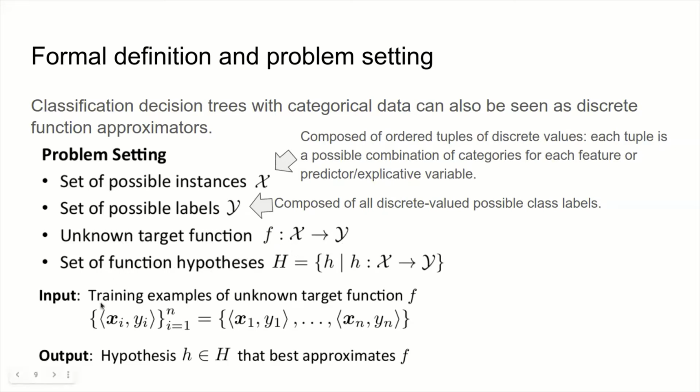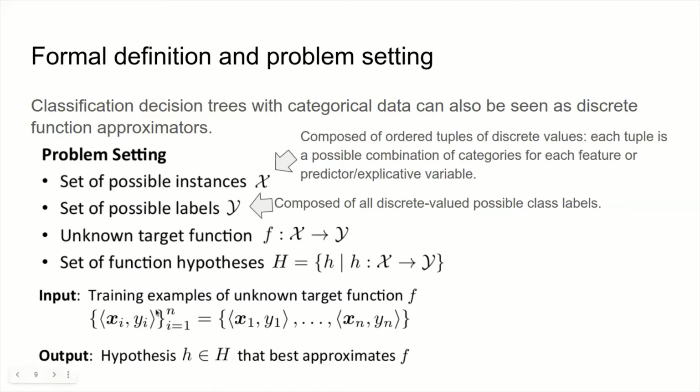So our input will be this kind of thing, this is a tuple. Notice please that xi is in bold, because this means that every xi is a vector, a row vector, and yi is just a value, just a number, a discrete value.